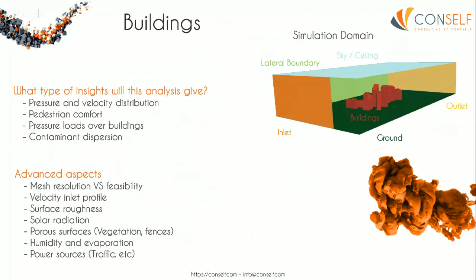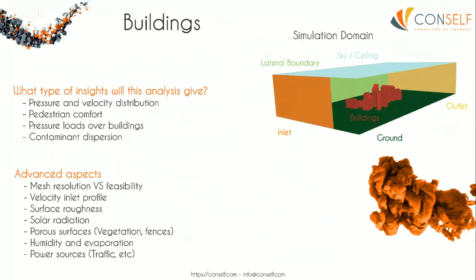We have also two lateral boundaries that are in light green. Finally, we have the ground in dark green and the ceiling in light blue. We will see through the simulation setup how these different surfaces are going to act in the CFD configuration. And so we will learn how to express all the concepts that we have in mind, like the ground, how to simulate the ground, and so on.